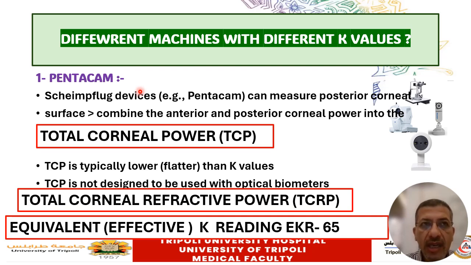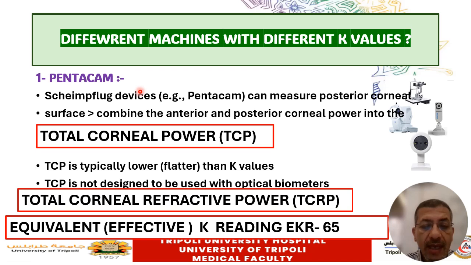So it takes into consideration the posterior surface of the cornea, but it will preclude some of the data and use only 65% of the data, take 65% of the mean of the data, or 65% of the median of the data, so that this K reading can be used in any IOL calculation formula. There is no confusion, because the total corneal power, TCP and TCRP, cannot be used in any traditional IOL formula.